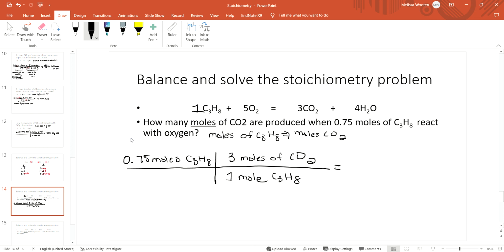Okay. You multiply across the top, divide by the bottom, so you're going to have 2.25 moles of carbon dioxide. Okay.